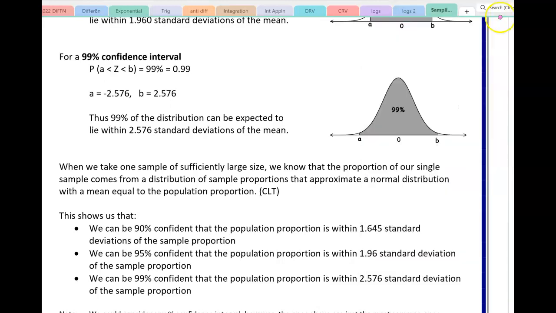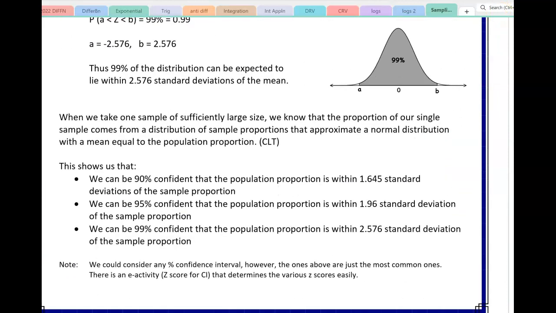All right, so as long as the sample is large enough, as long as it satisfies the criteria with your NP and N times 1 take P both being greater than or equal to 10, we can use the central limit theorem to approximate the normal distribution with the mean equal to the population proportion. And so from that, we can have a certain level of confidence.